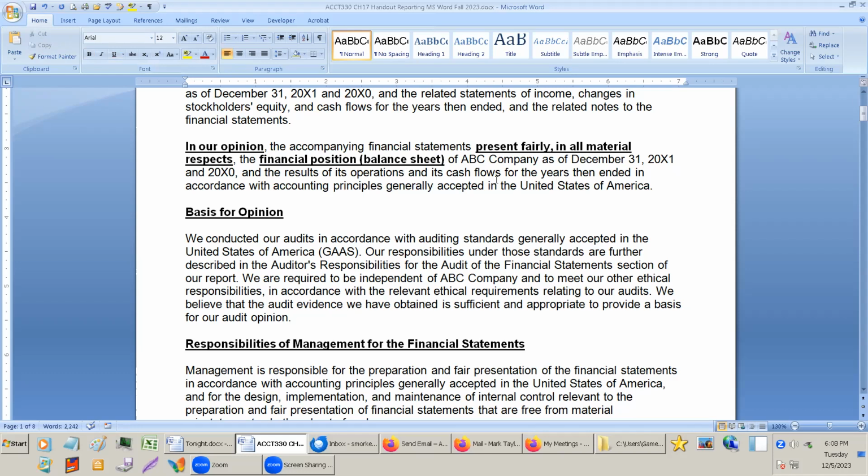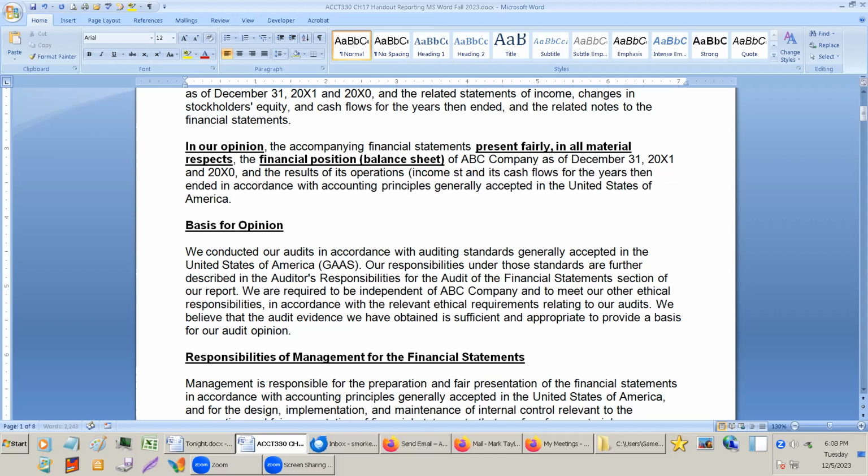Result of its operations, that's the income statement. And cash flows, that's statement of cash flows.